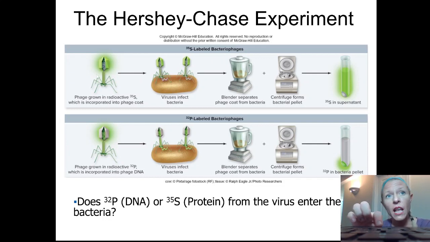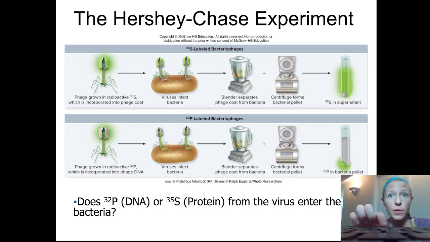Okay, and so here we have one experiment where a phage was grown in radioactive sulfur, which is going to be incorporated into the phage's coat because the coat is made of protein. So those viruses then were allowed to infect bacteria.